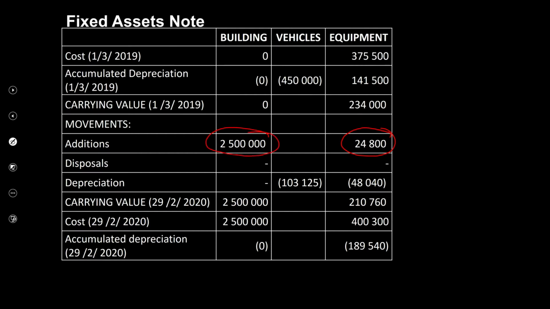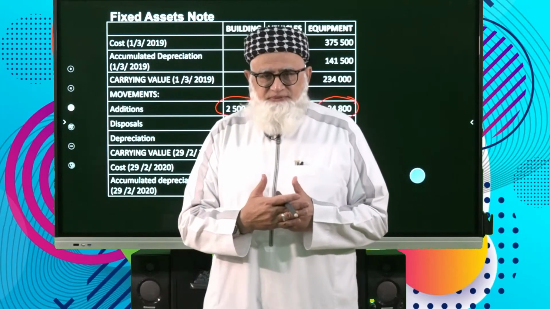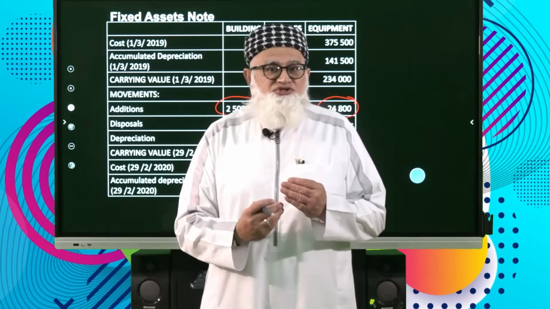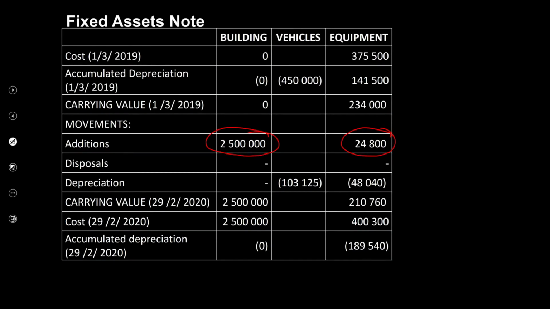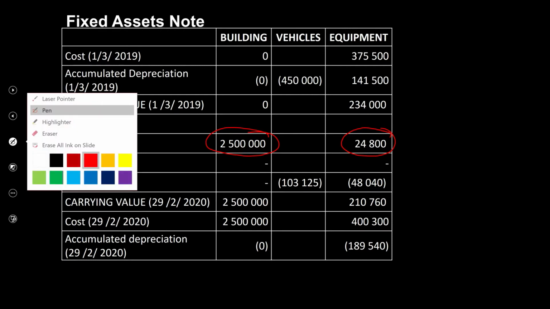Okay, now, another question of importance. Why did I do a straightforward comparison in my equipment from my opening to my closing balance? Because clearly you could see, and you can still see, that there were no disposals. Can you see that? Let's just do this here so we can clearly see it.